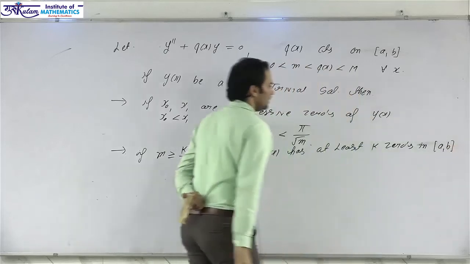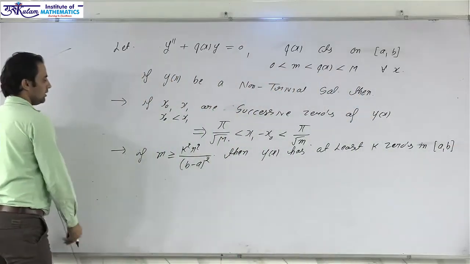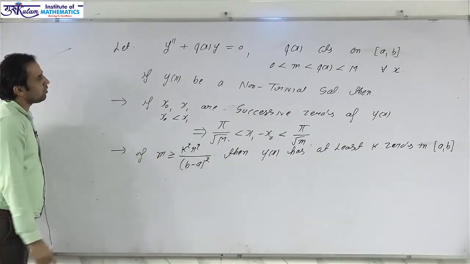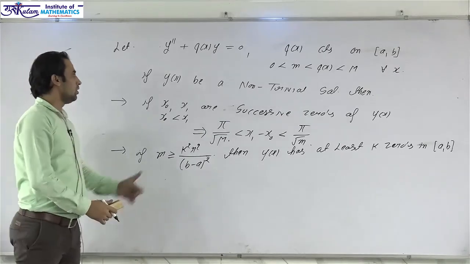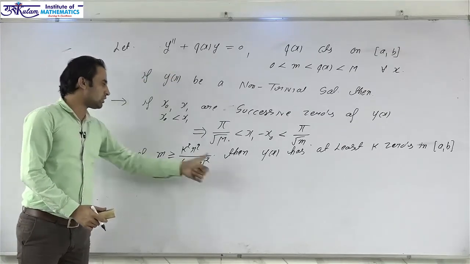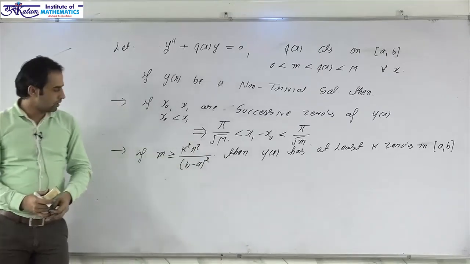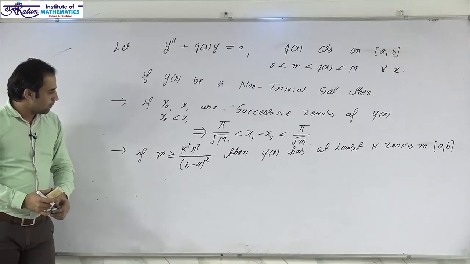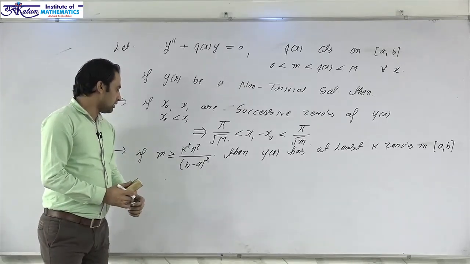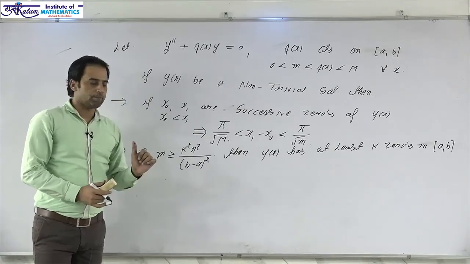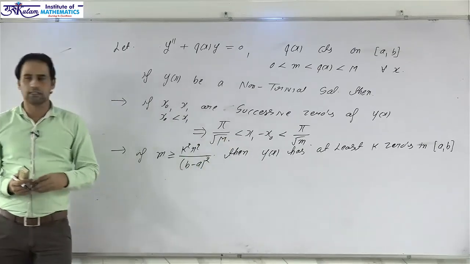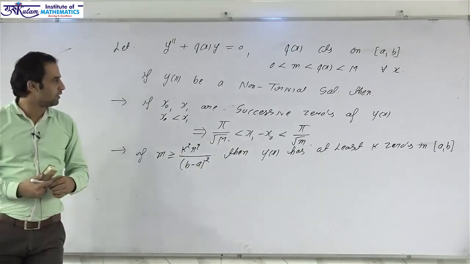So this one is the second property. The least number of zeros of any non-trivial solution of this differential equation is k, where k is given by this relation: k squared pi squared by (b minus a) whole squared is less than or equal to m, then there are at least k zeros in the closed interval [a, b].